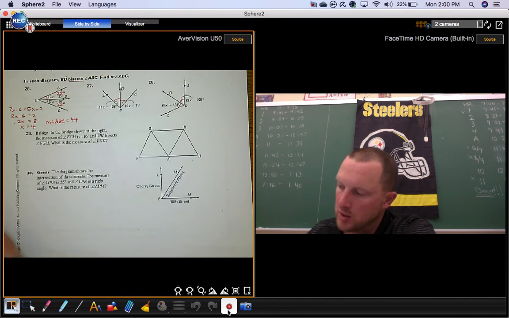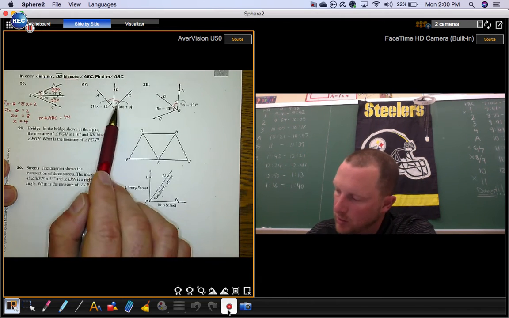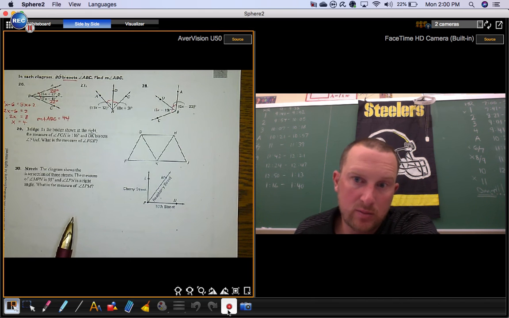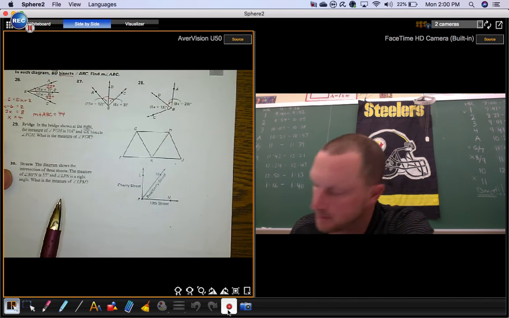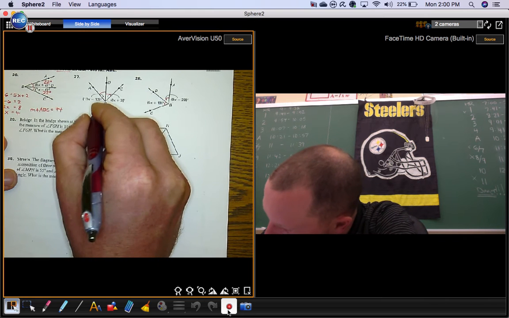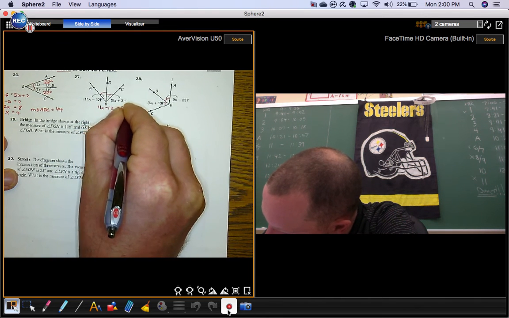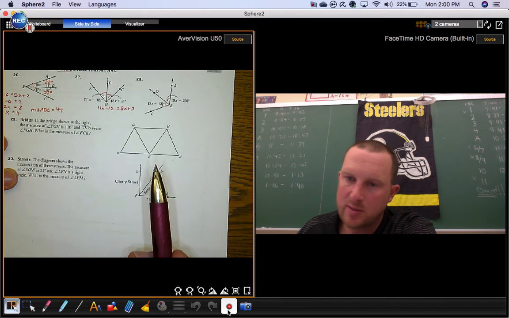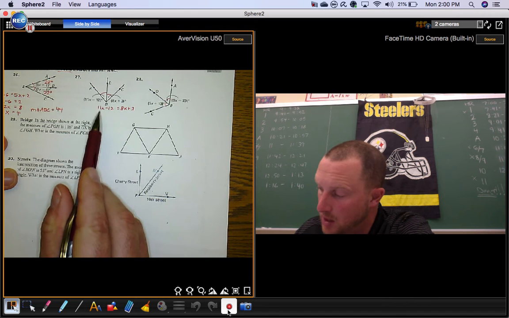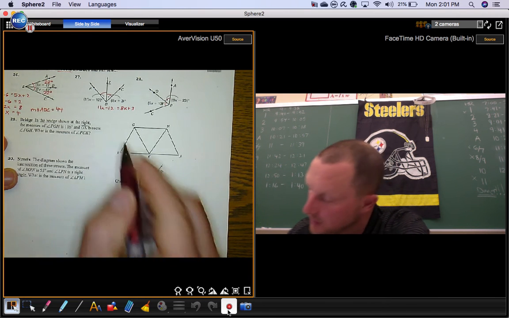Okay, so now that you see how to do this, why don't you pause this and do 27 and 28 on your own? I'll have it worked out here, that way when you're done pausing you can see. I don't know what these angle measures are, but I know they're the same as each other. That's what bisect means. I wrote my equation like this because the 11x is bigger than the 8x.